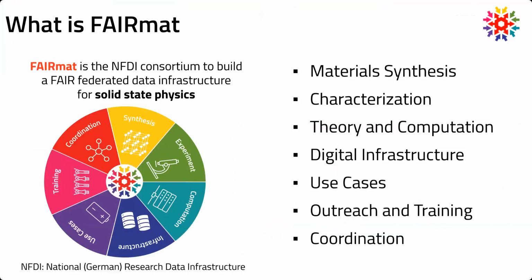Probably the largest part, where most people work, is the digital infrastructure, which I will talk about on the next slide. I am based in one of the use cases, which is heterogeneous catalysis, and this gives us the link to NFDI4cat.